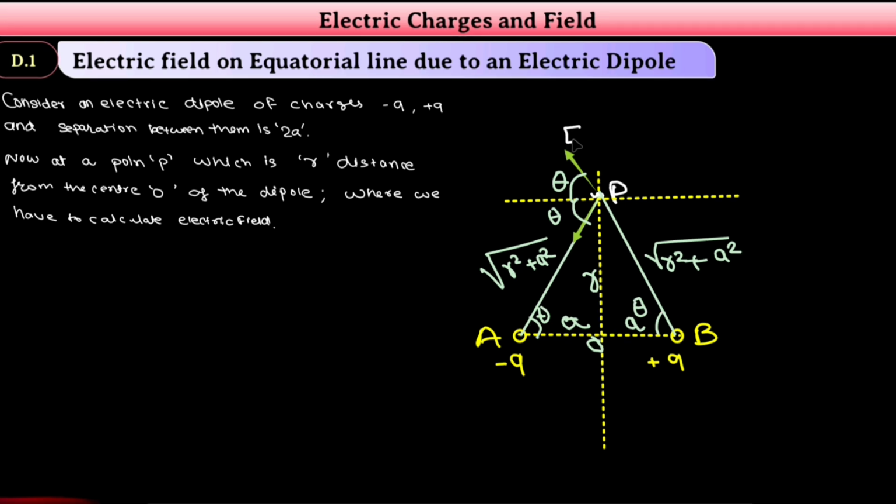Now name E plus the electric field due to positive charge, and E minus the electric field due to negative charge.